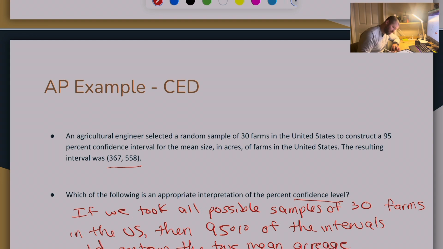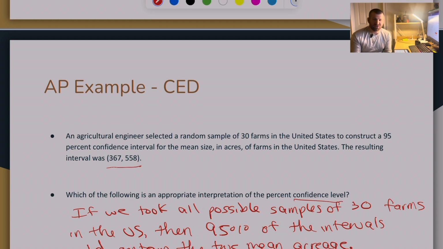So one other thing that is helpful here, the interpretation of the confidence interval will always have numbers. You will use your endpoints. The interpretation of the confidence level will never have numbers other than the confidence level. If you look at that sentence, I wrote a bunch of nothing, right?